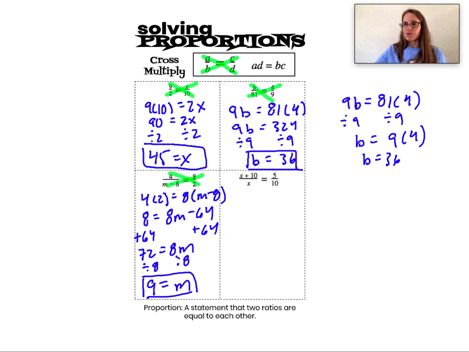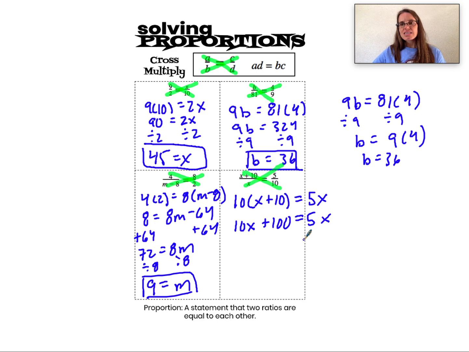Last example. That's the fun part. So 10 times x plus 10, so not just 10x plus 10, 10 times x plus 10 equals x times 5, or 5x. Distributive property, I get 10x plus 100 equals 5x. This is a great example of a case where I may want to not follow my general strategy of always subtracting the smaller variable.